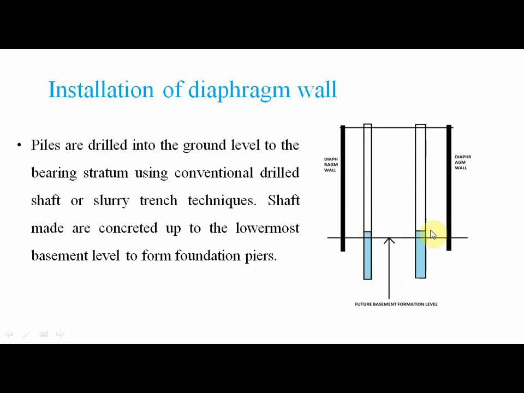Here you will construct a column only, and here there will be the construction of basements. So to construct the piers, you have to go for concreting up to the lowermost basement level to form the piers. Piers will work as the foundation.